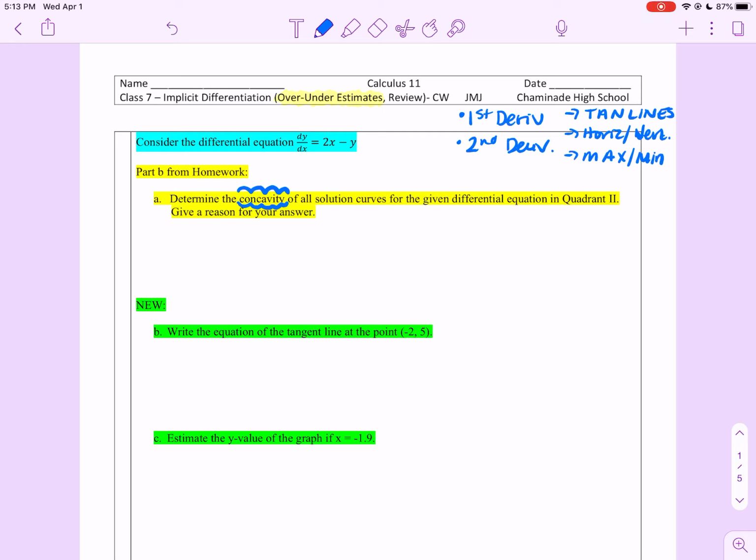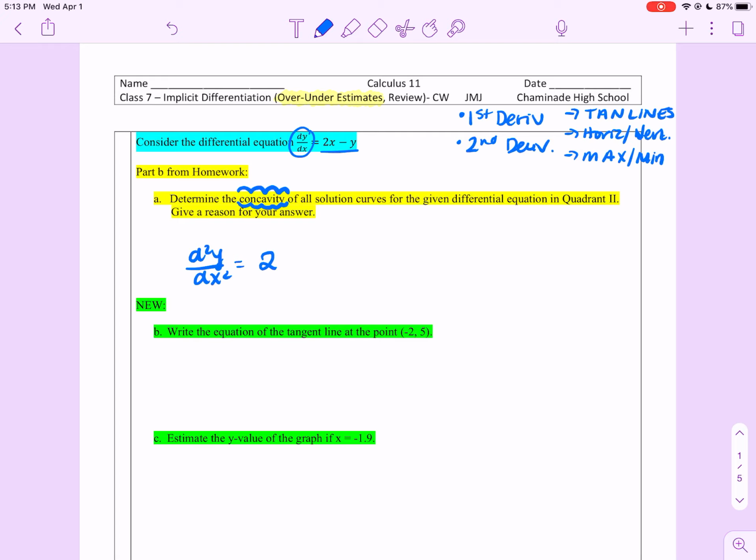So to find the second derivative, or d squared y dx squared, we're going to take the derivative of the derivative. If we know that our derivative here, dy/dx, is equal to 2x minus y, we start with our first term. The derivative of 2x is just 2. Remember, this term only has x's in it, so we don't need a chain rule for the x.